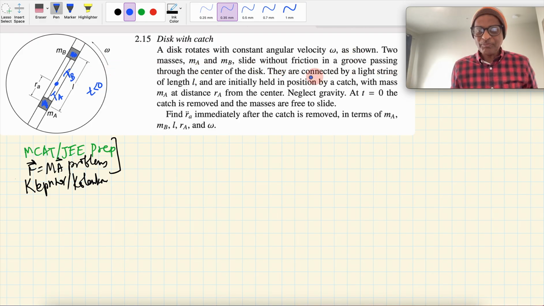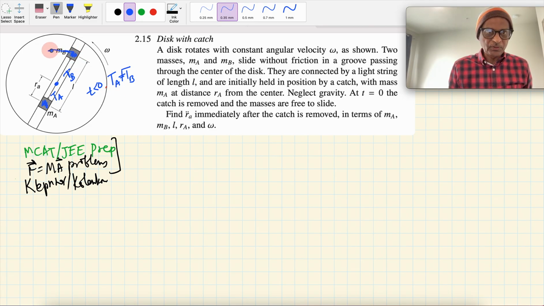So that's the problem here. If I go to the t less than 0 situation, TA doesn't have to equal TB, and you can actually tell it has to be different because this is going in a circular motion.